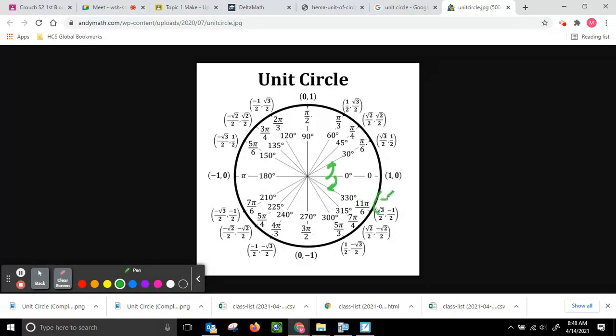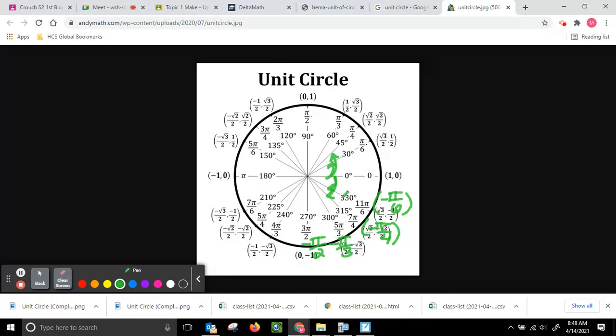So 11π/6 is the same thing as -π/6. If this is positive π/4, then 7π/4 is the same thing as -π/4, positive π/3, -π/3, and positive π/2, -π/2.